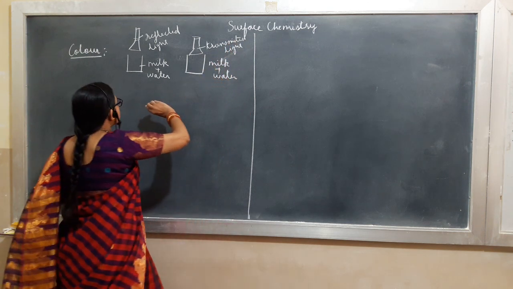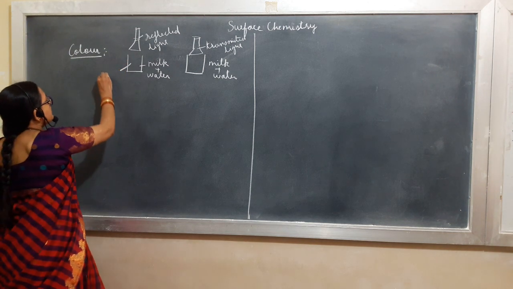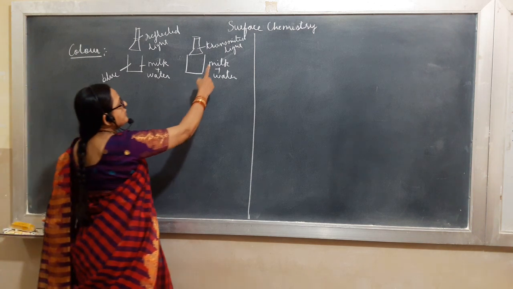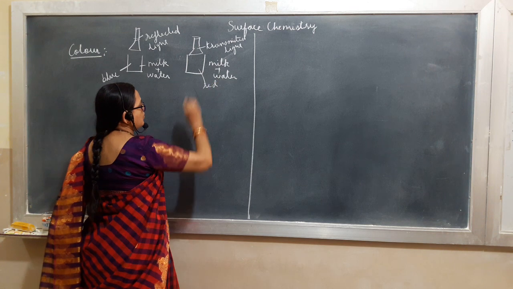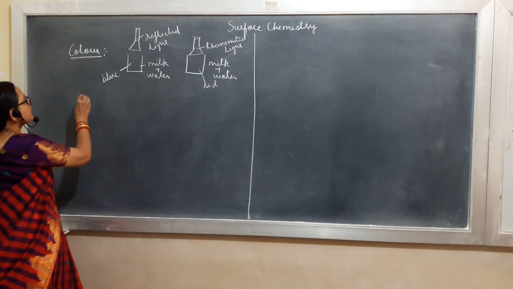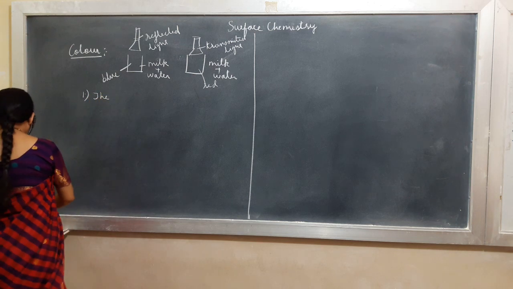If we observe these two solutions, what we can see is this solution looks blue in color, whereas the transmitted light shows a red color. So why is it so? Because of the wavelength of the light. So the property we can write is the color property of colloidal particles.